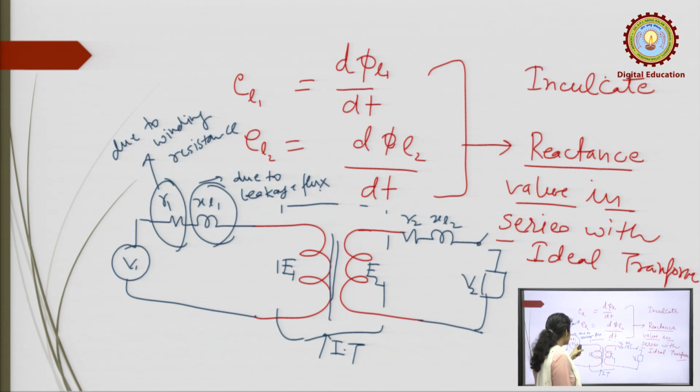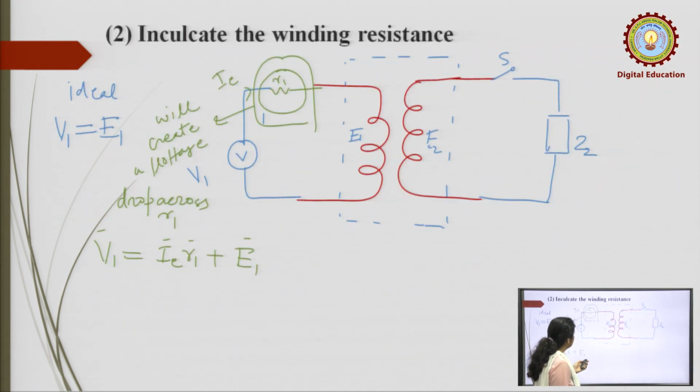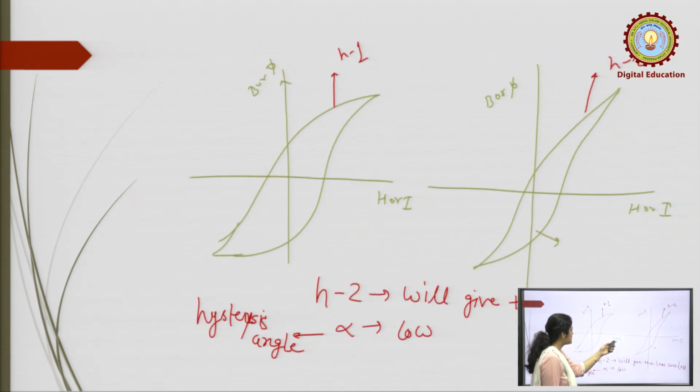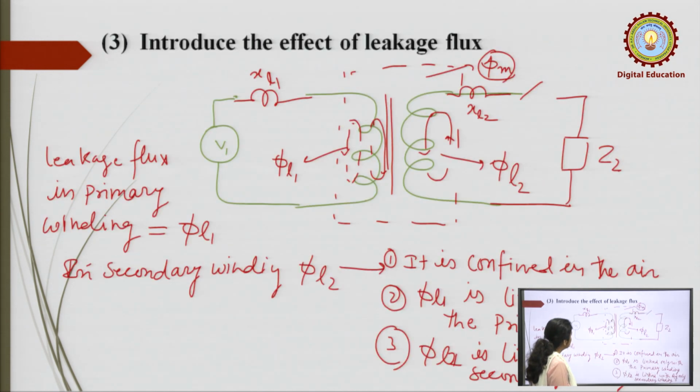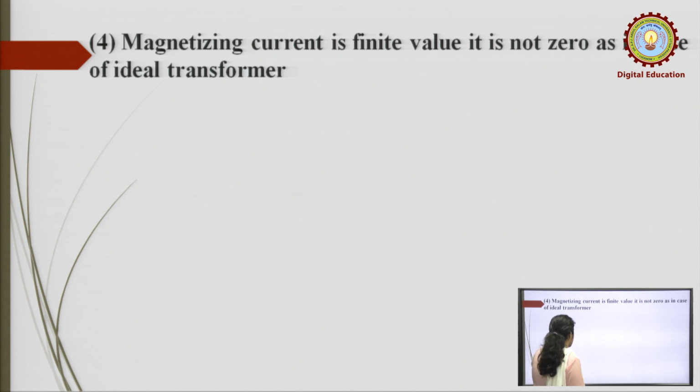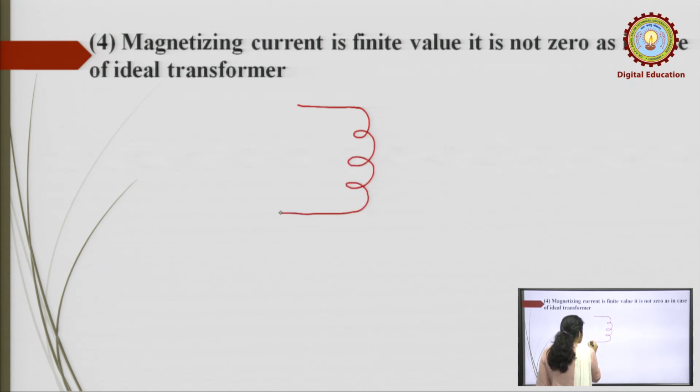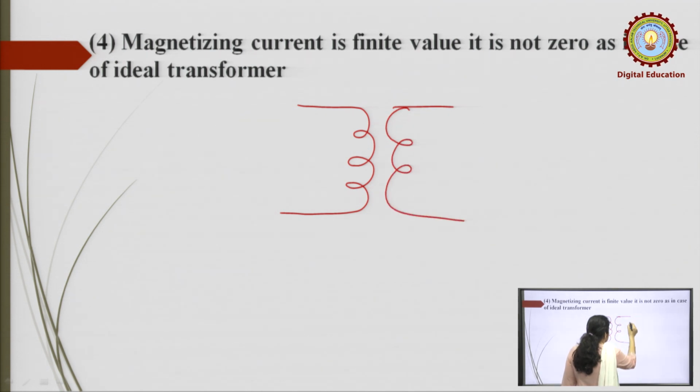Due to the hysteresis loop, you introduce the IC current, which is the core loss component. So, finally, suppose we draw the diagram again so that you understand how all three are introduced in the circuit.